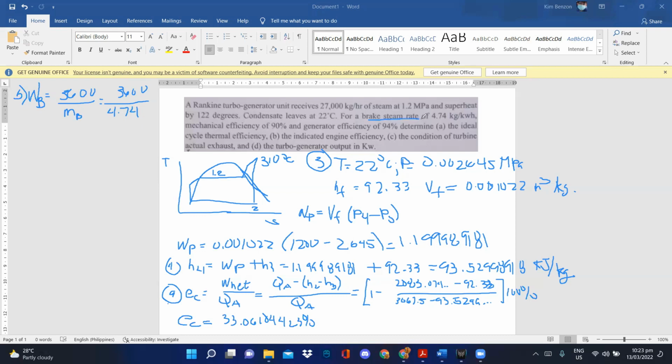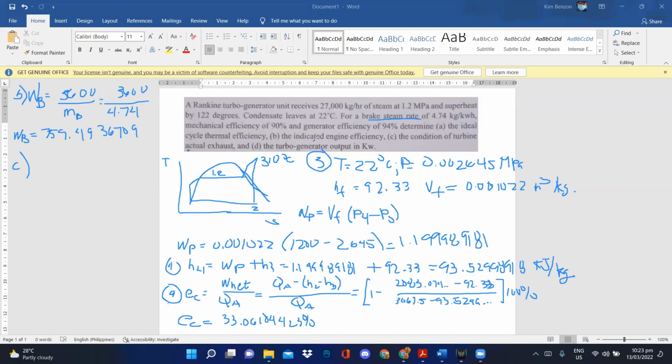The brake steam rate of 4.74. So therefore, you have your brake work, which is equivalent to 759.493679. For your letter C, the condition of turbine.